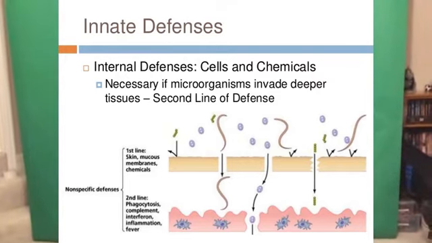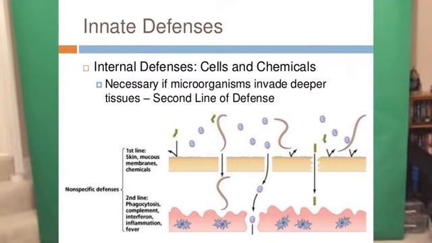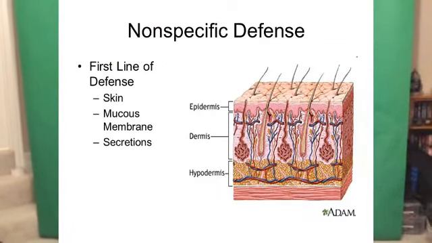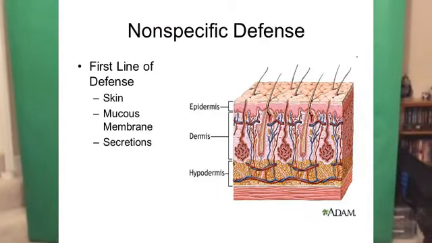It is present from the time of birth and does not require pathogen exposure. External barrier defenses, like mucous membranes, the skin, and secretions, as well as internal defenses, such as phagocytic cells, antimicrobial cells, natural killer cells, and inflammatory response, all function within the innate immune system. Although innate immunity is found in invertebrates, we will focus on vertebrate immunity.